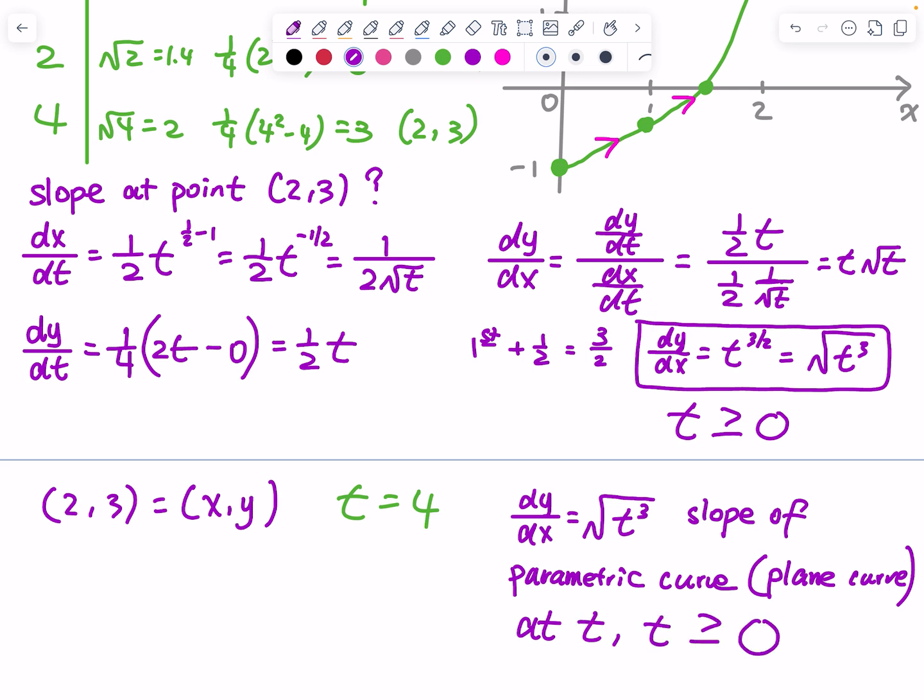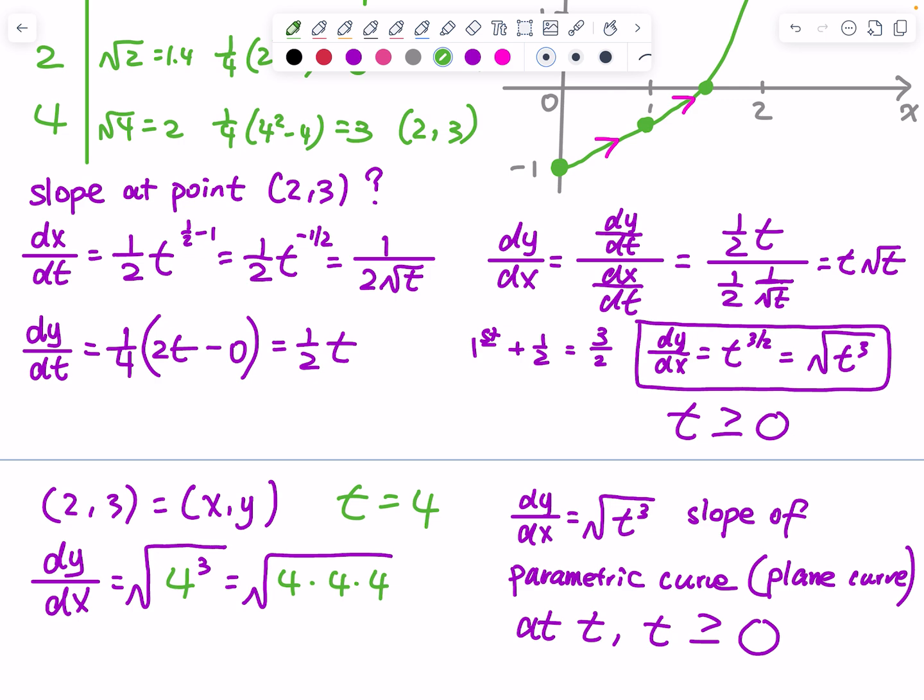And then you have this point, and then you have a t, and then the slope is equal to dy dx, that is equal to the square root of, I would do a 4, let's put the 4 in green, if that is what you like. And then this is the square root of 4 cubed, 4, 4, 4.